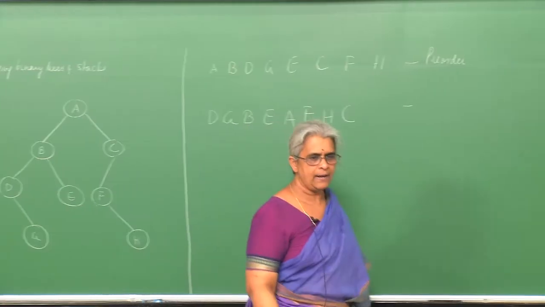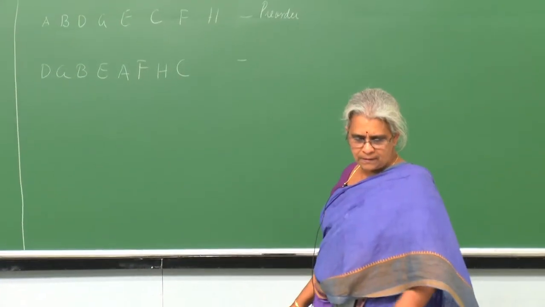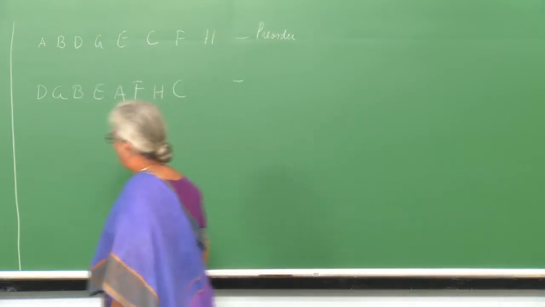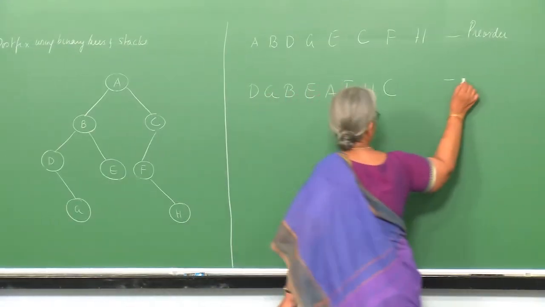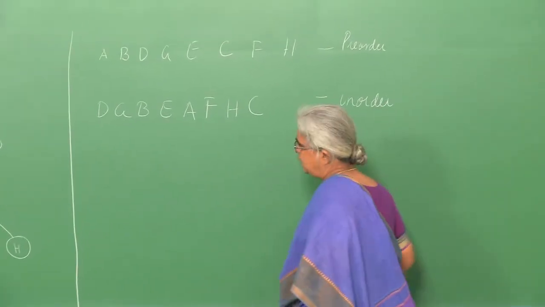This is what will be displayed. F, there is something wrong in that, instead of G there, it should be H over there. Okay. F, H and C. Now, this is the in order traversal. I encourage you to check this.